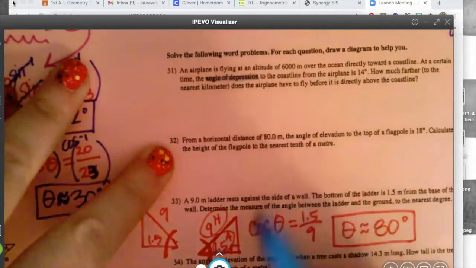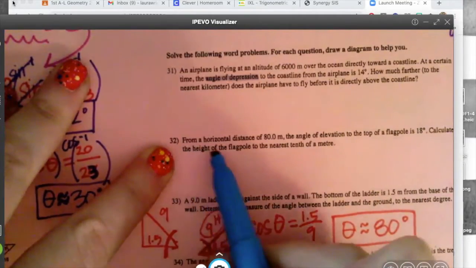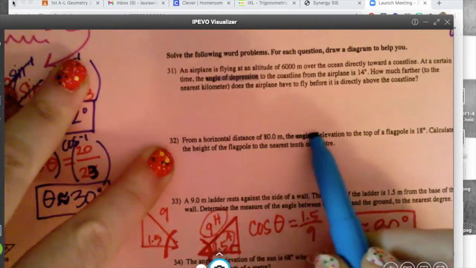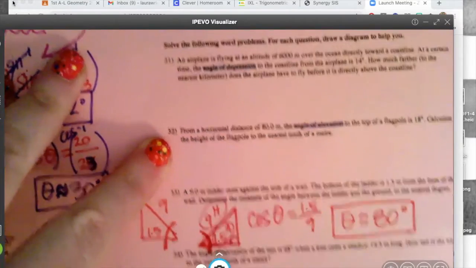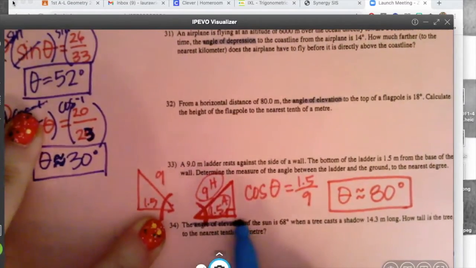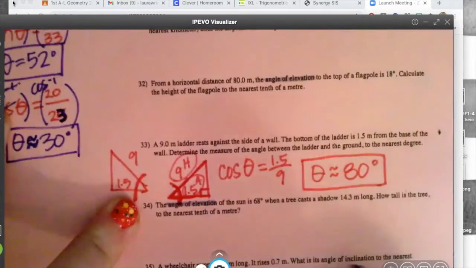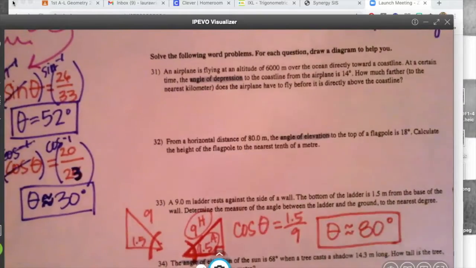Over here, from a horizontal distance of 80 meters, the angle of elevation to a flagpole is 34. Angle of inclination is the same as angle of elevation. All right, so this is going to come up a lot. So here's the thing. The angle of depression is from the horizontal surface down. The angle of inclination is from a horizontal measurement up.